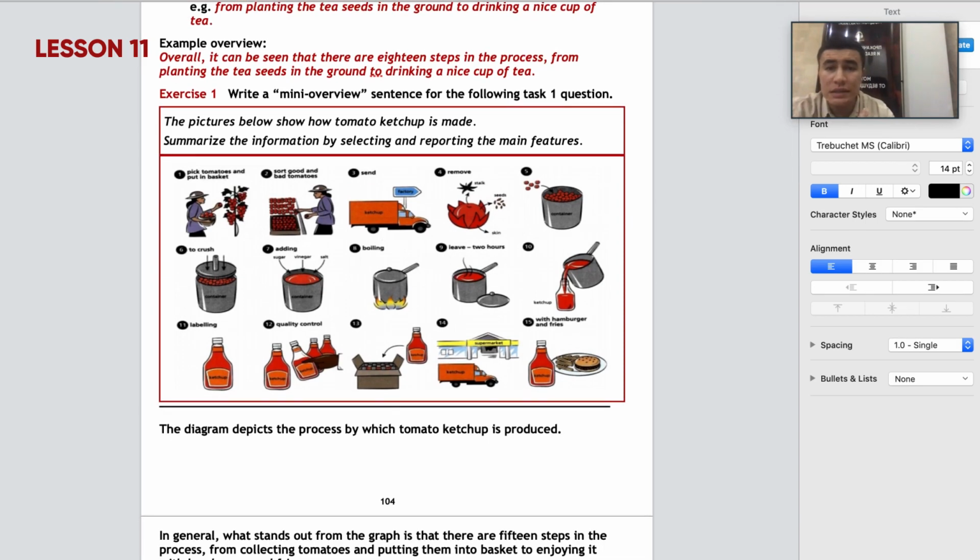This is a sample introduction and overview, guys. So I do recommend you to practice more, and of course we will send you sample tasks, sample answers as well, so you'll be able to compare your answers and work on your weak points.